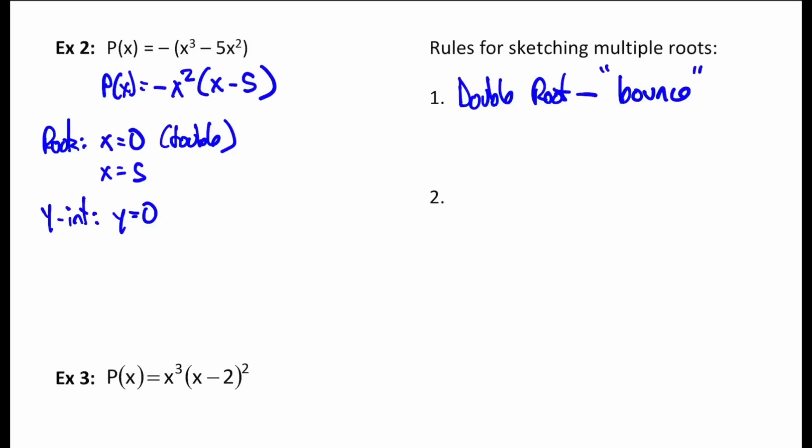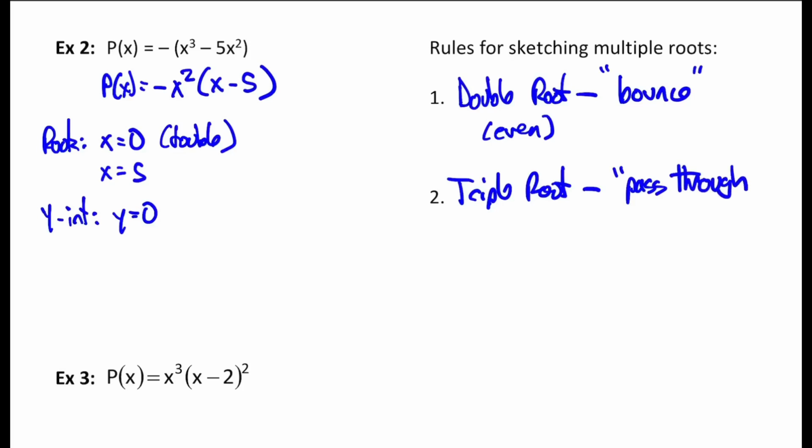And this turns out to be true for a double or any even root, really. So if it's like a fourth power, fourth degree root, it's going to bounce also. If you have a triple root, it passes through but flattens out.